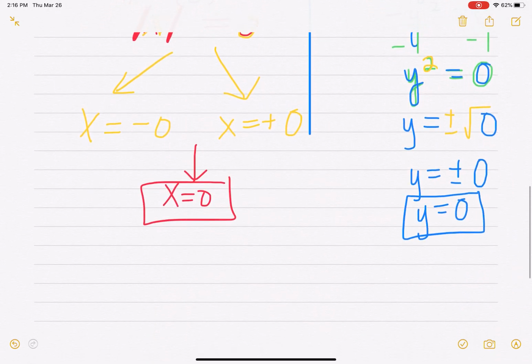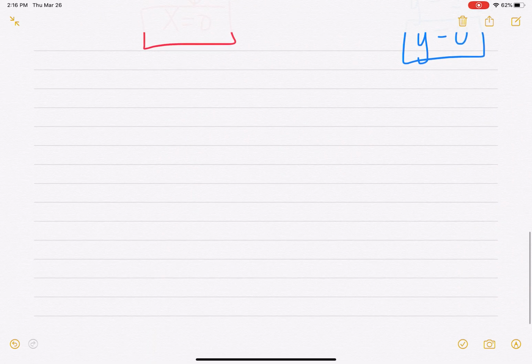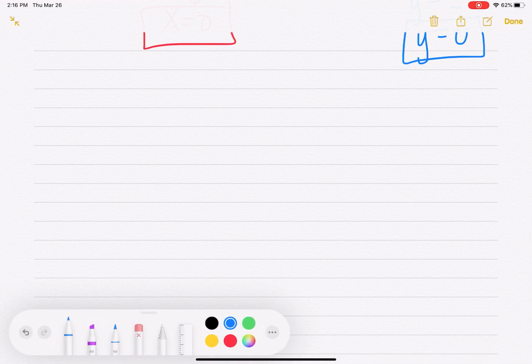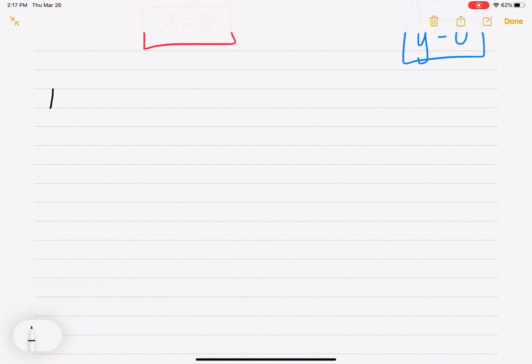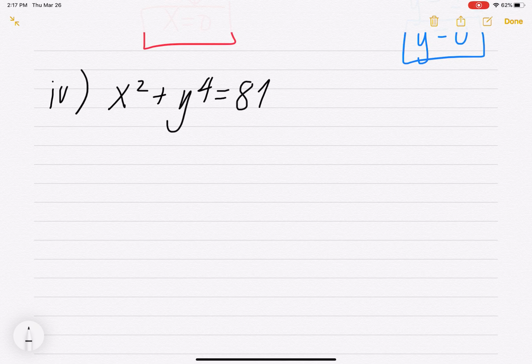Now let's do a fourth example. Final example here, I guess. Let me look at a problem here. Nice little problem. Let's say we've got x squared plus y to the 4th equals 81.